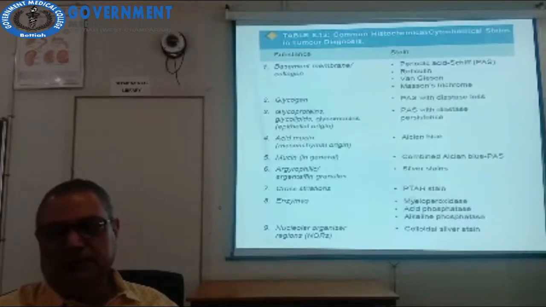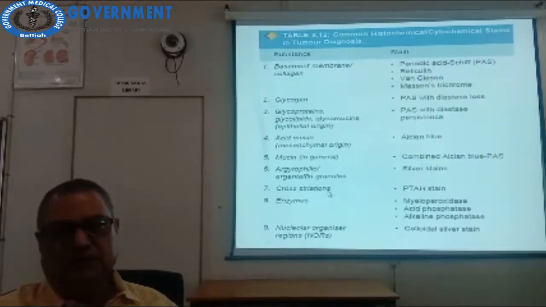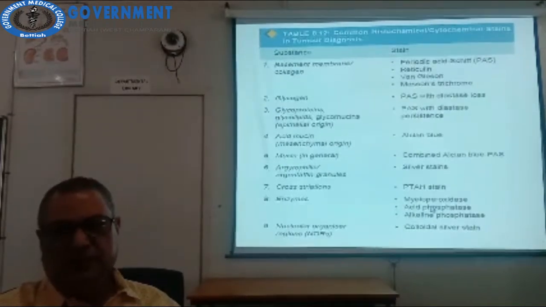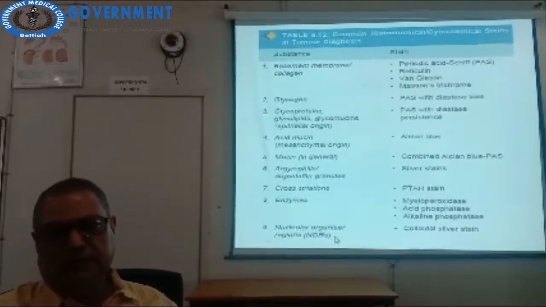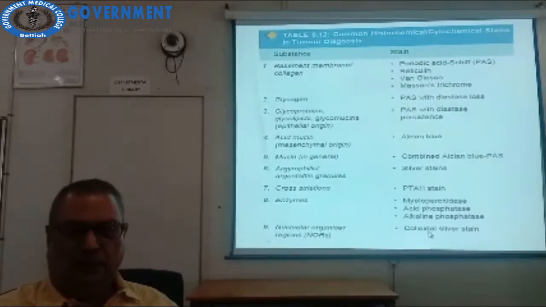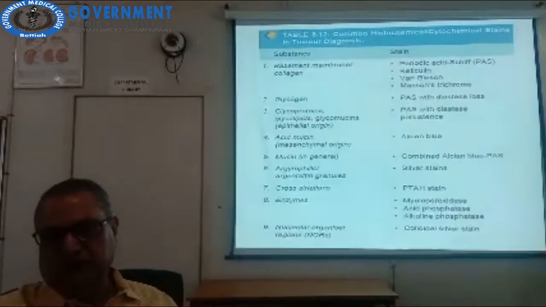This phosphotungstic acid hematoxylin stain is used for cross striations or fibrin stain. It is used for fibrin staining also. Then, as I have told you, nuclear organizer region stain is done by colloidal silver stain. So this is about the various histochemical stains.